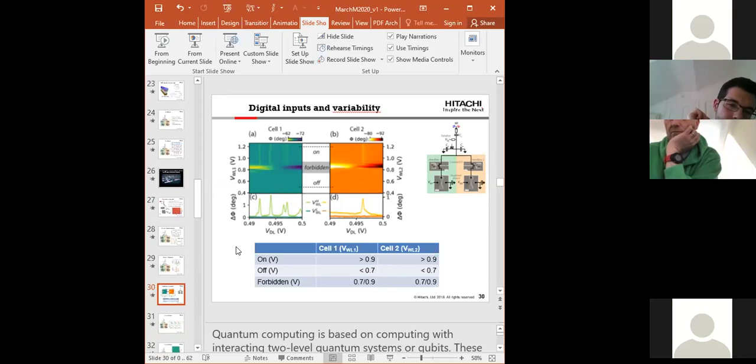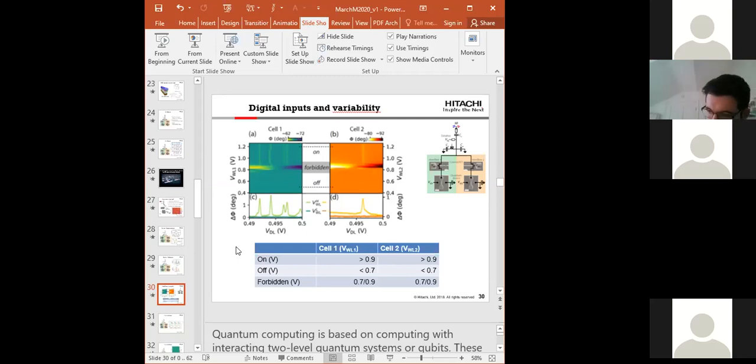Sometimes when you switch on and off the control transistor too fast, if your design is not optimized, you may inject some of the charge from the control FET onto the gate of the quantum device, and that affects the effective voltage that appears on the gate of the quantum device, at least for a period of time. Okay, thanks.